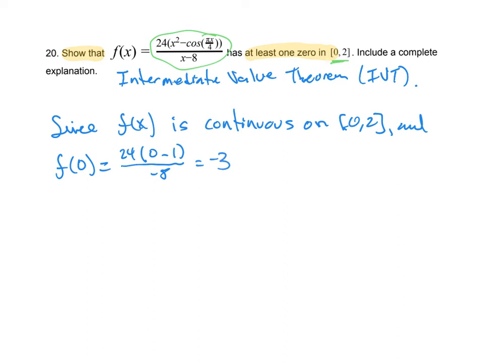So since f of x is continuous on [0, 2], and f of 0 is negative 3, and f of 2 is going to be 24 times 4 minus cosine of 2 pi over 4, which is the same as cosine of pi over 2. That's 0, so 4 minus 0 over, and then 2 minus 8 is negative 6. So this is going to be negative 4 times 4, which is negative 16.